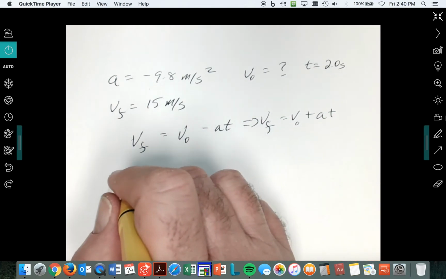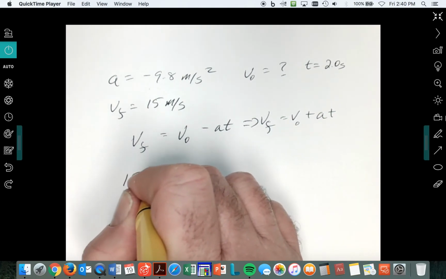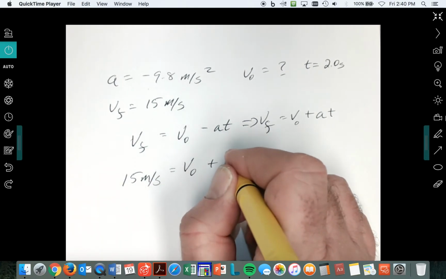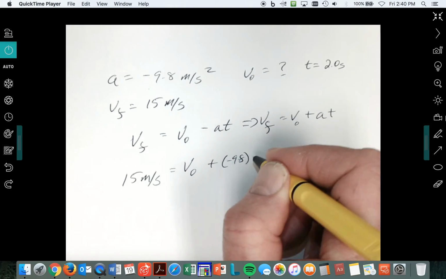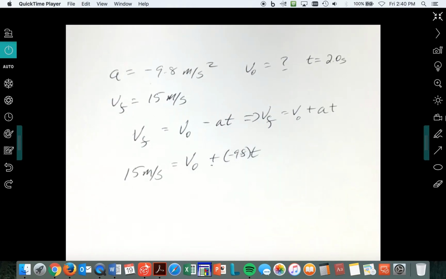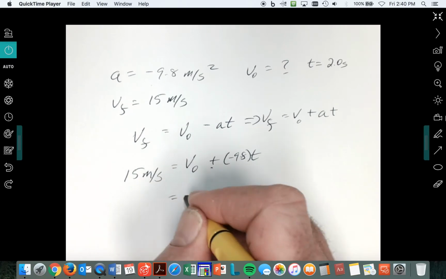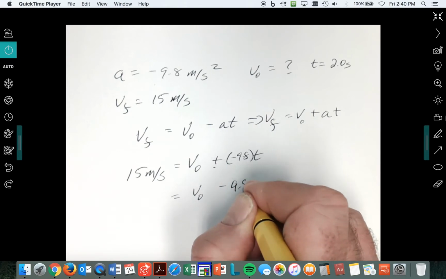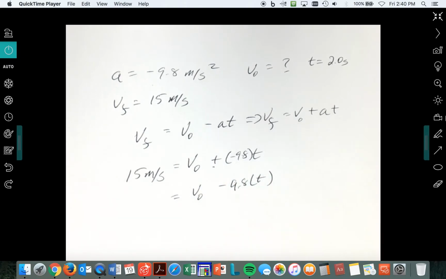So V final, 15 meters per second, is equal to the initial, which I don't know, plus negative 9.8 t. That plus negative 9.8 is clumsy, that's why we just say it's V naught minus 9.8 times 2.